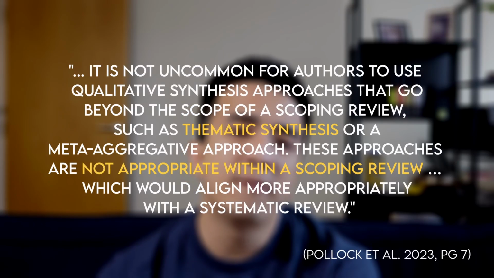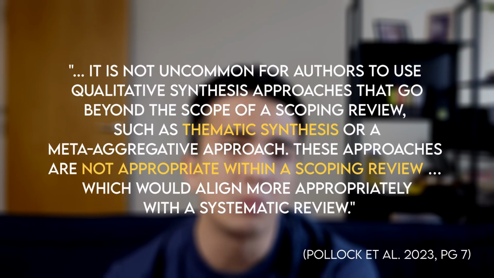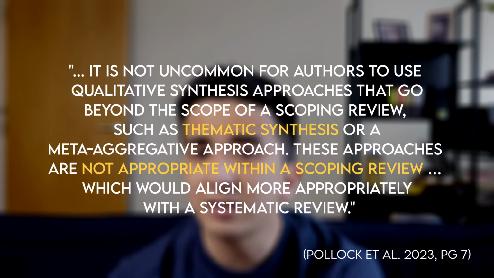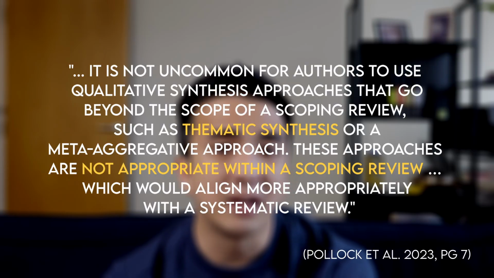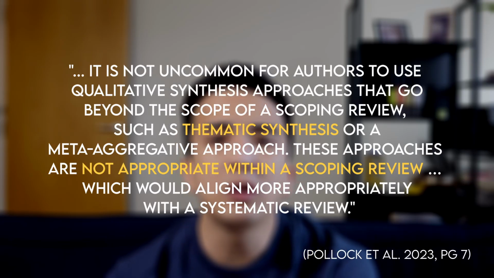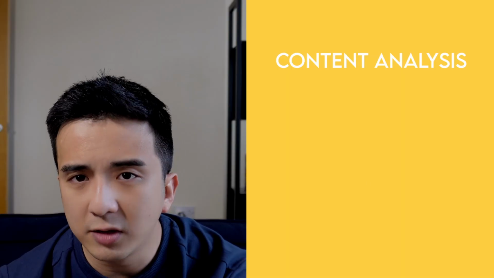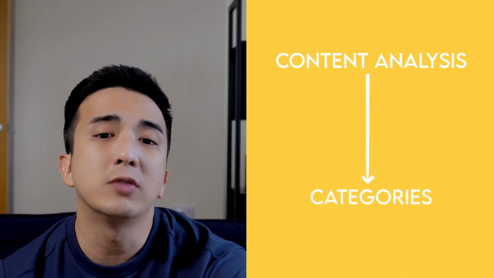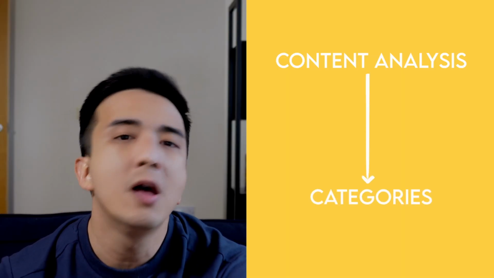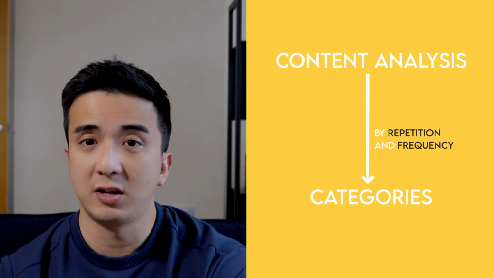It is not common for authors to use qualitative synthesis approaches that go beyond the scope of a scoping review, such as thematic synthesis or a meta-aggregative approach. These approaches are not appropriate within a scoping review, which would align more appropriately with a systematic review. A simple way to understand this: in inductive content analysis, categories, sometimes loosely called themes, emerge from repeated ideas and the frequency of these ideas.